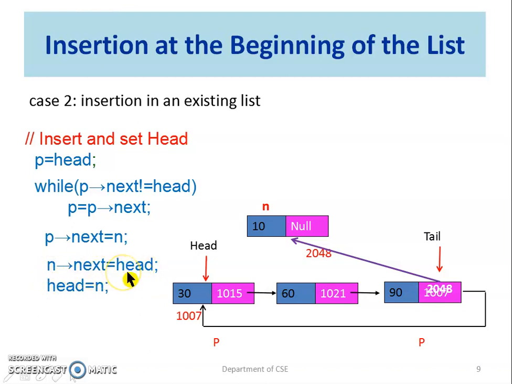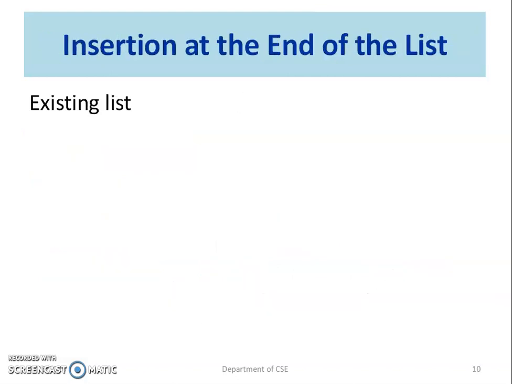You can observe in the example shown that the null value in the next field of a new node n is replaced with the address of the head node, that is 1007. Finally, set the new head to point to n, as this is the new node inserted in the beginning of the list. Thus, the old head disconnects and the insertion is completed.